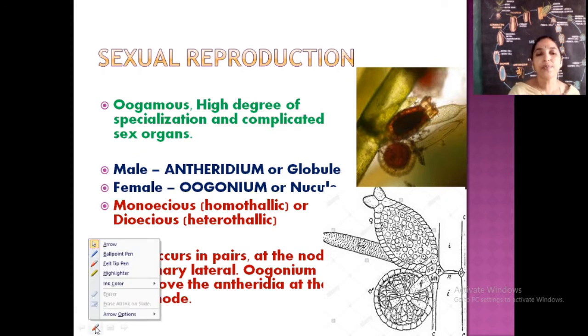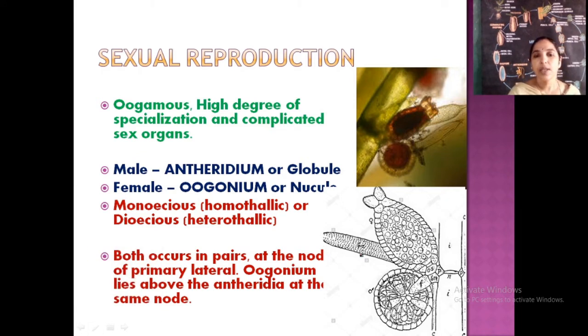I will show you. See, this is the nucule, or this is the female structure. You will draw like this, and this is the male part. You have to draw the male portion like this. Okay, this is the male globule, and this is the female nucule.